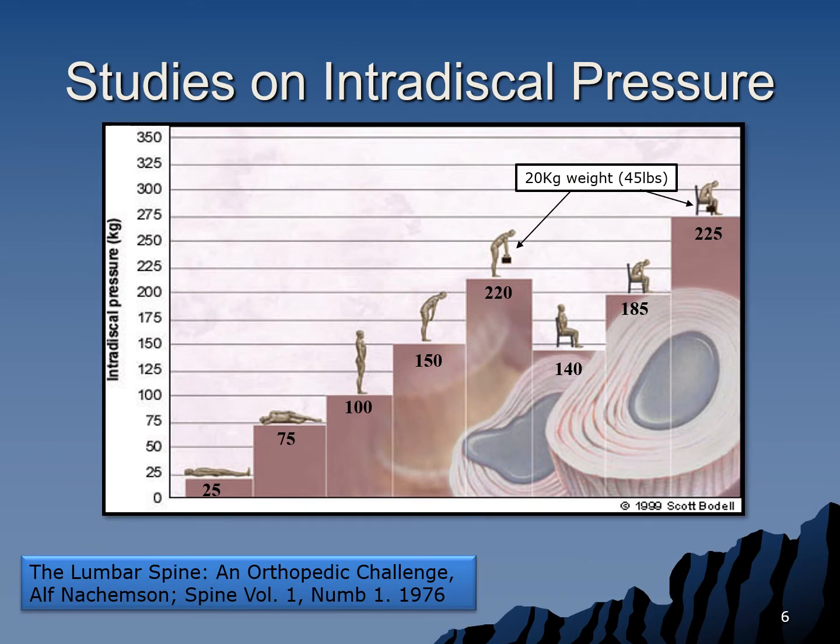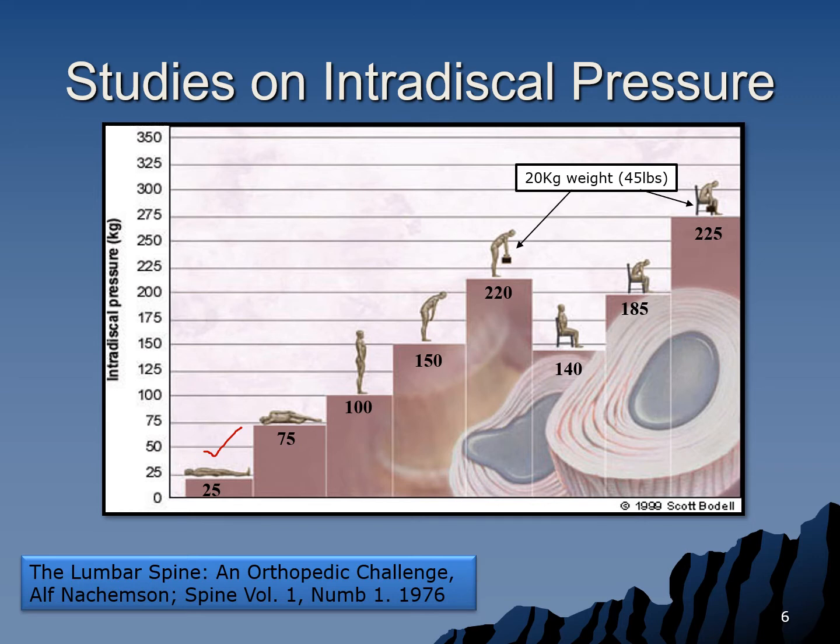All right, intradiscal studies. This was a groundbreaking study done by Nachemson, published in 1976. They used volunteer medical students who were willing to have pressure-sensitive transducers placed in the nucleus of their third lumbar discs. And then you can see they went into different postures, and the lowest intradiscal pressure recorded was when they were flat on their back.